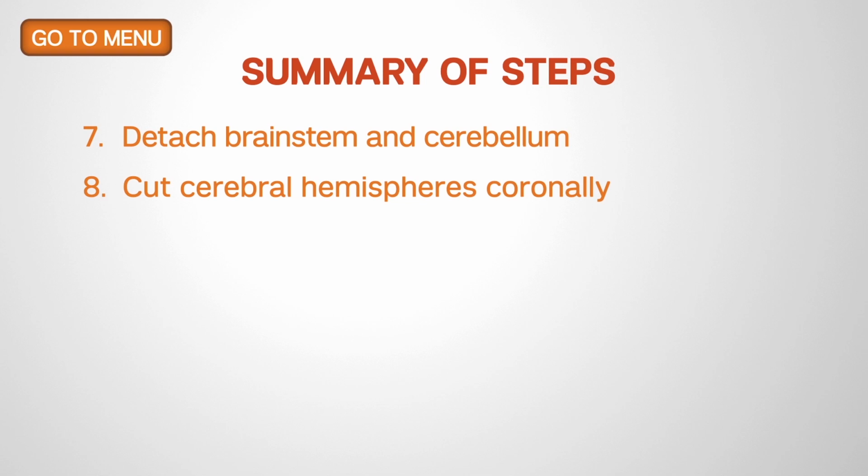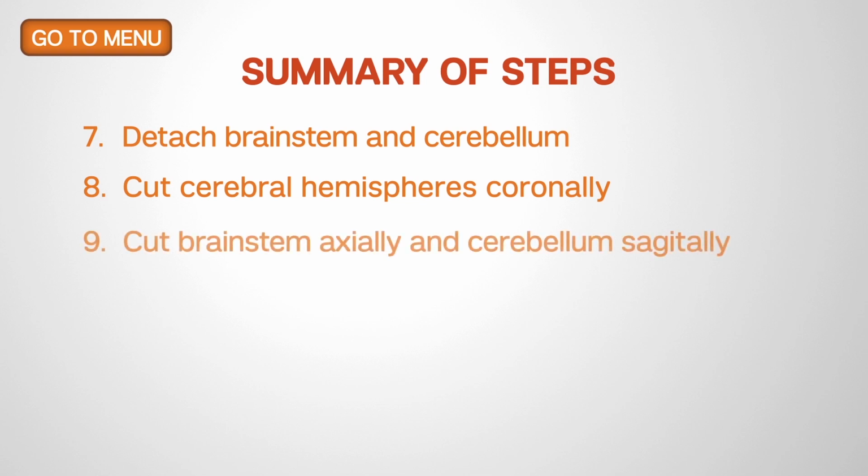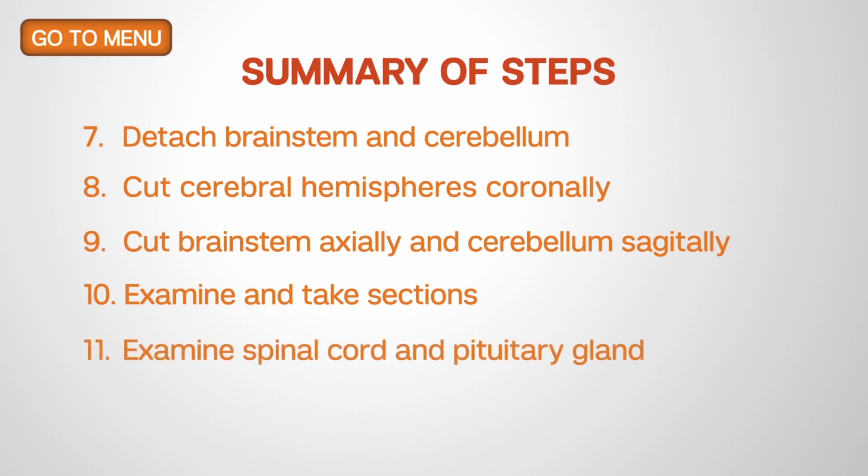Then we detach the brainstem from the cerebellum, and we would cut the cerebellum sagittally and the brainstem axially. Then we lay out all of our sections. We look for gross lesions. We take our representative routine sections and our representative sections of any lesions that we identify. Then we will submit all of these sections for routine microscopy.